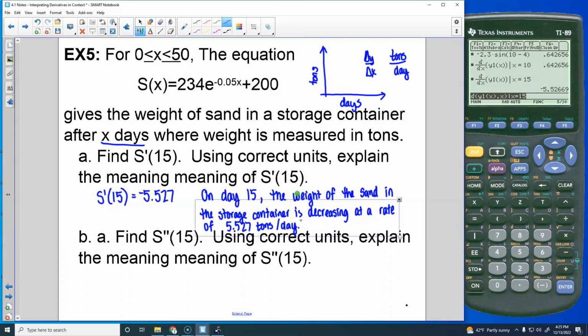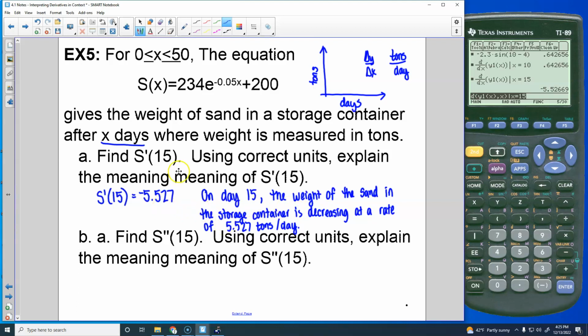And you do not want to use a negative here because the word decreasing takes care of the fact that that is negative. If you say something's decreasing at a negative rate, it would actually mean it's increasing, so you do not want to use the negative right here.